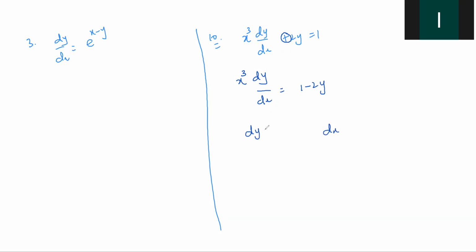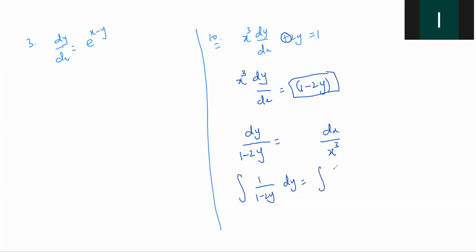When you keep dy on this side and keep this as one block, this is going to come over here as a denominator. This is dy over 1 minus 2y, and then dx goes to this side, and this is going to be dx over x cubed. So I can write it as 1 over 1 minus 2y dy, and that is going to be equal to 1 over x cubed dx.